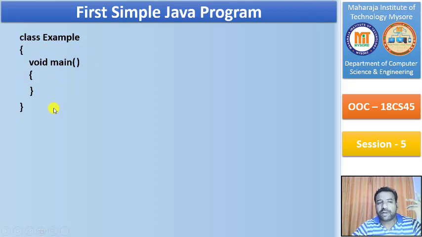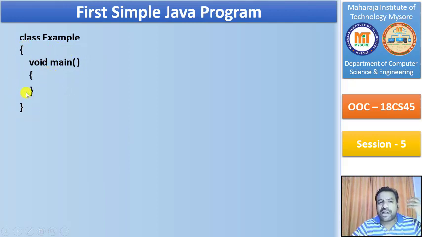Now observe what happens. Until now, the main function we were discussing was a non-member function. It was never part of any class. But in a Java program, it should compulsorily be part of one class. That is why I am putting the main function in the class.